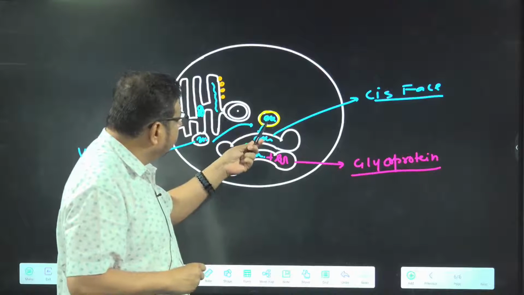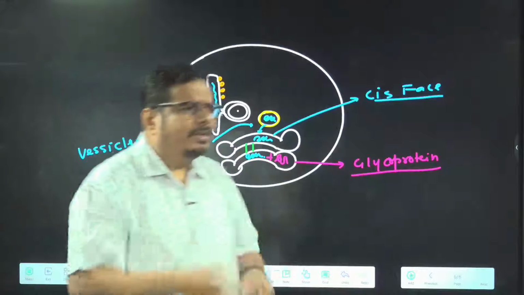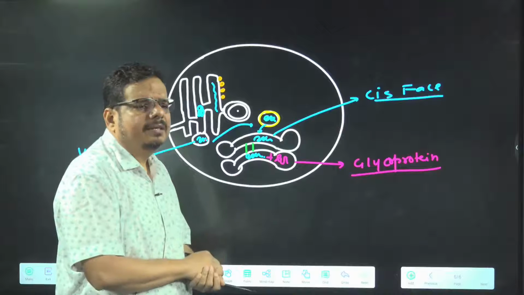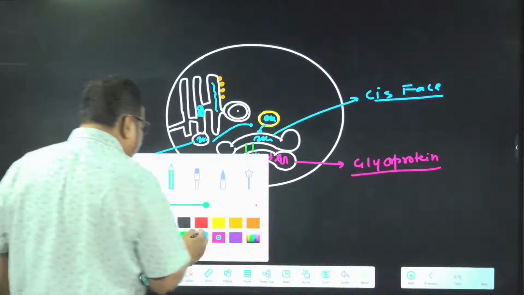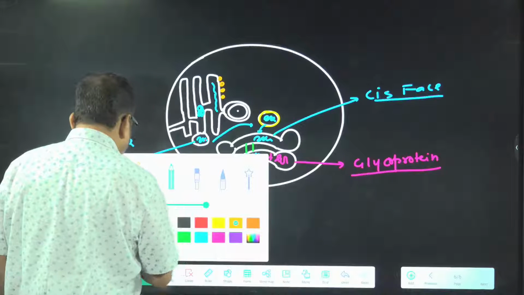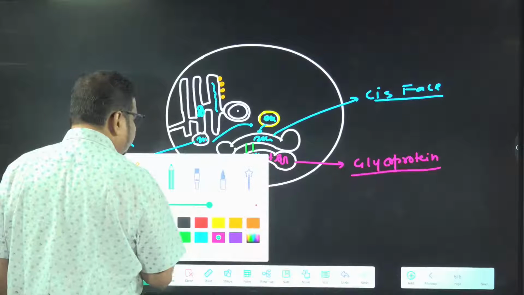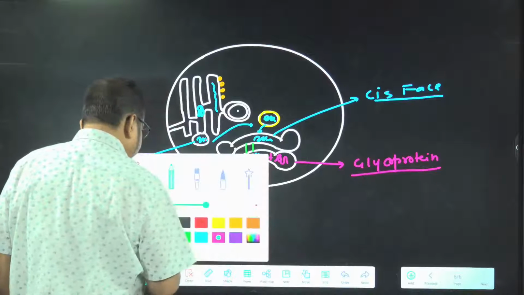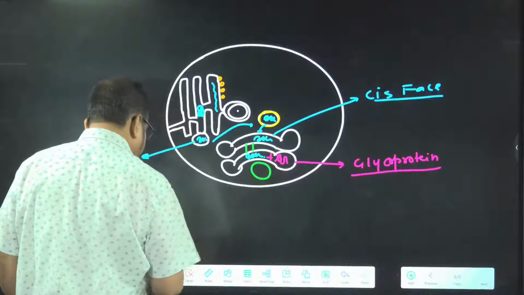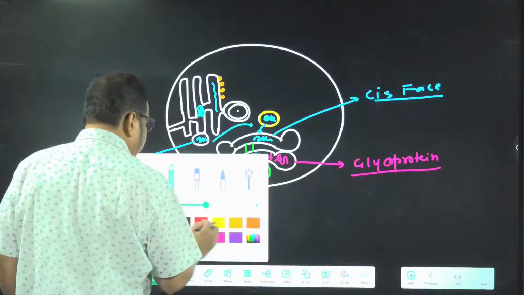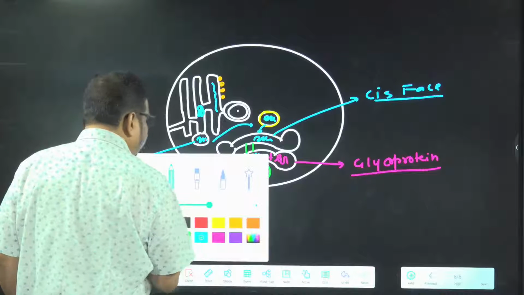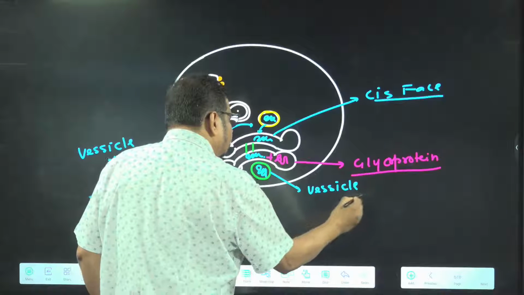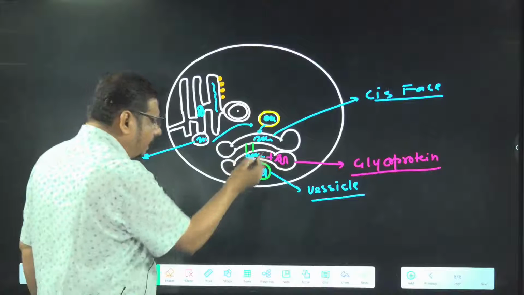That ER vesicle fuses with the cis phase, protein transfers into the Golgi body, migrates toward the trans phase, and chemical modification occurs and glycoprotein forms. Later, a vesicle pinches off from the trans phase, and this modified protein is packed in it. Glycoprotein, chemically modified protein, is packed.